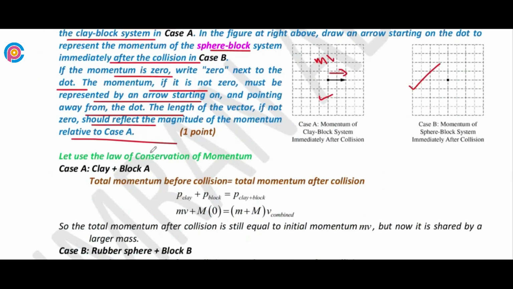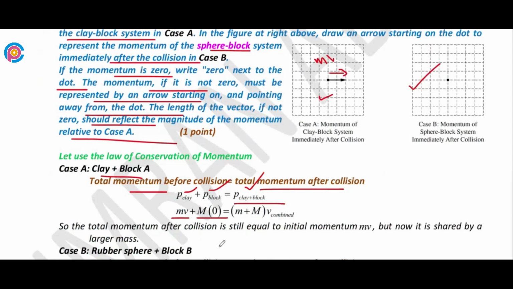Using the law of conservation of momentum, first consider the clay-block system. Total momentum before the collision should be equal to total momentum after the collision. In system A, there is a clay and a block, and they stick together, so they are combined now. The clay is moving, and m and v are the mass and velocity of the clay, so that is the momentum.